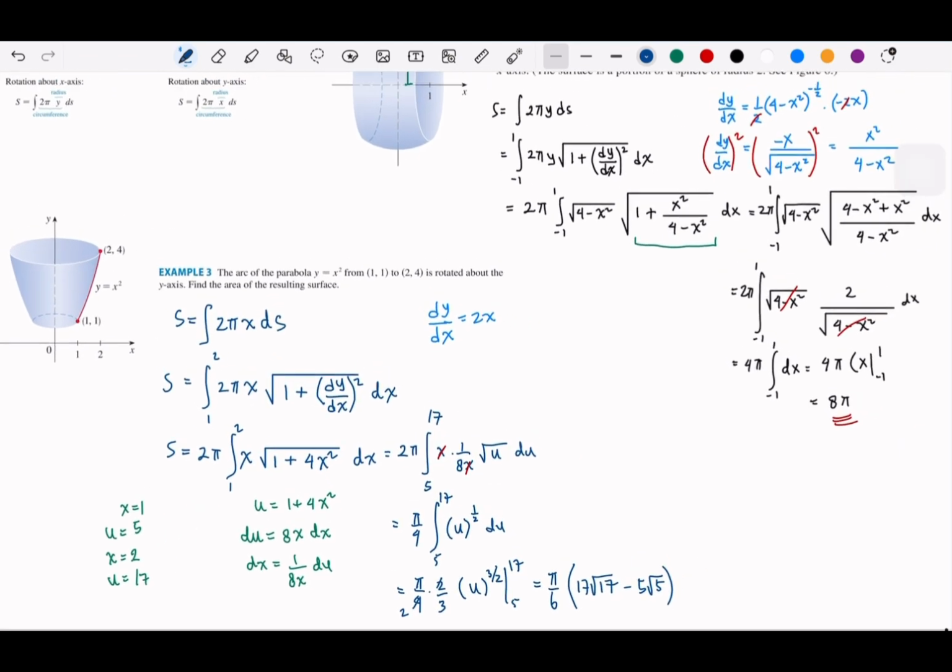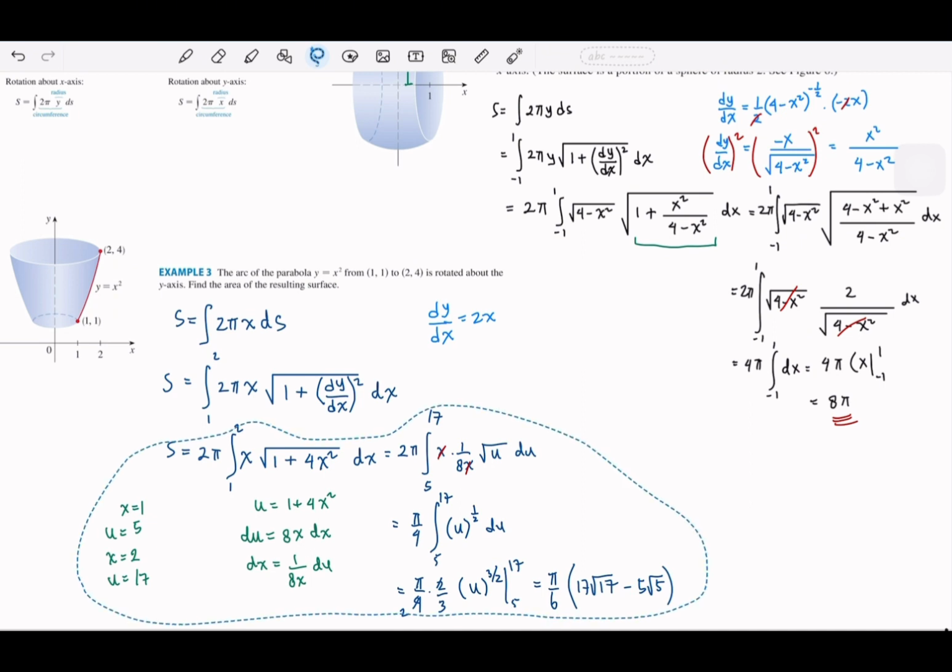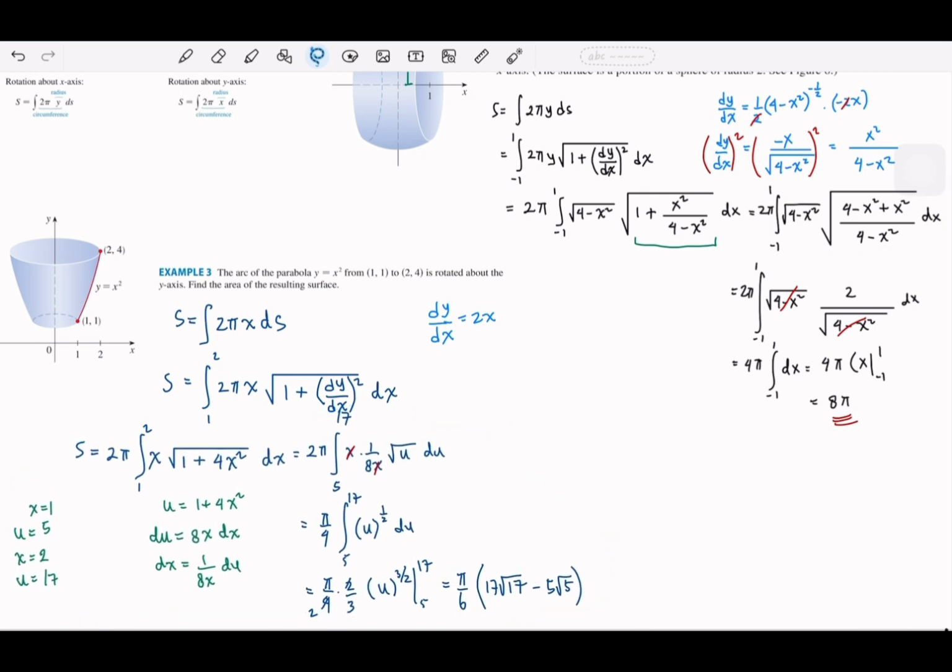So we can also try to use, let me put this on the left, okay? So if x is square root of y, and then dx dy is 1 over 2 square root of y, then we can have the s.